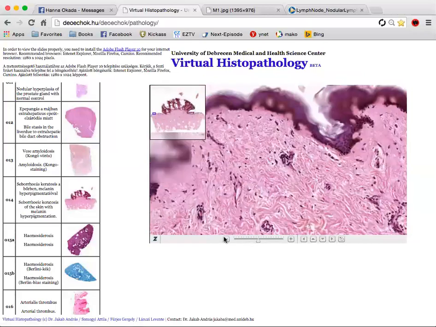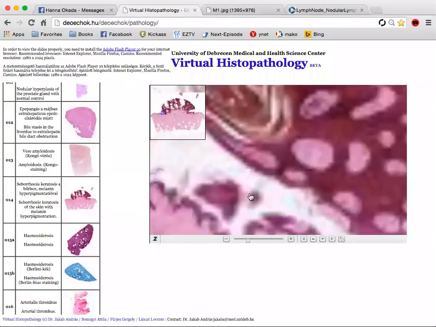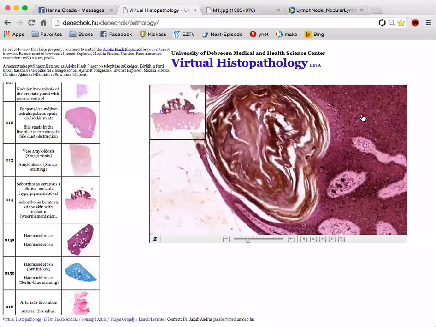And I'm going to go over to the lesion. And what's important to see here is, first of all, there's this structure, and this is called a horn cyst, and it's full of keratin, and the pigmentation is melanin.